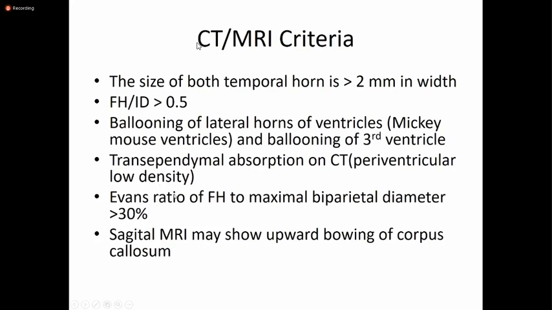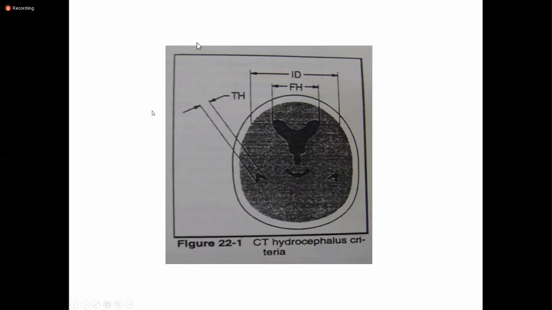There is a little difference in Evans ratio and this ratio: in this you measure the frontal horn diameter like this, you keep it as numerator, and you measure the maximal biparietal diameter. How do you measure it? Maximal biparietal diameter from here to here. This area. This is maximal biparietal diameter.